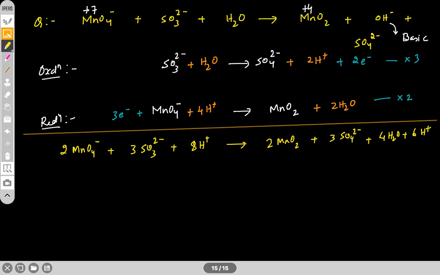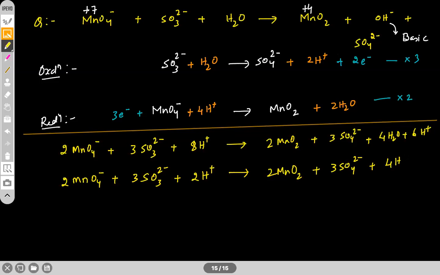Okay, now we'll write down the net reaction here. Net reaction is 2 MnO4 minus plus 3 SO3 2 minus plus 8H plus minus 6H plus. So 2H plus this side, gives 2 MnO2 plus 3 SO4 2 minus plus 4 H2O.